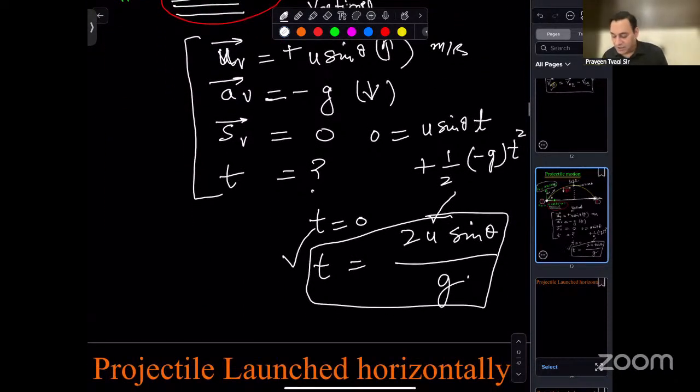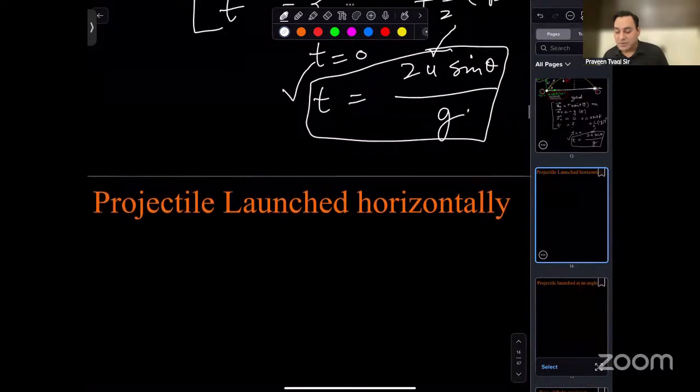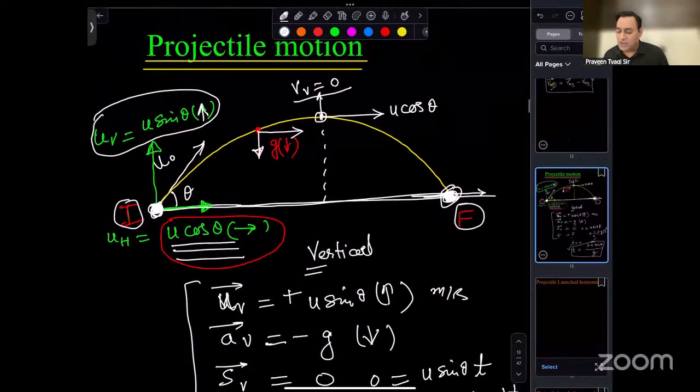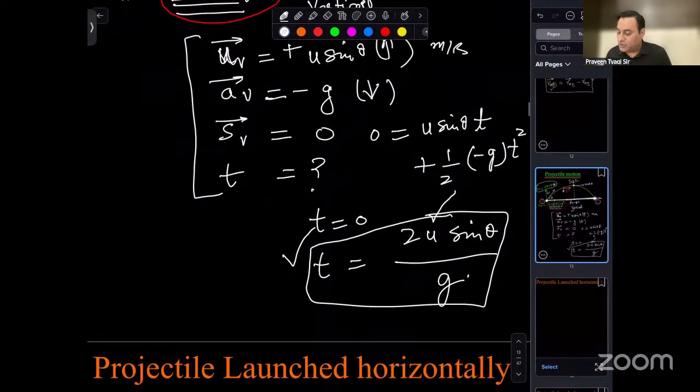Now let's do a different variety of problem. If you have found the total time, you can find the range. What will be the range? Can anyone tell me? Range, this horizontal displacement. All of you know the horizontal velocity remained constant, which was u cos theta, and the time is 2u sine theta upon g.